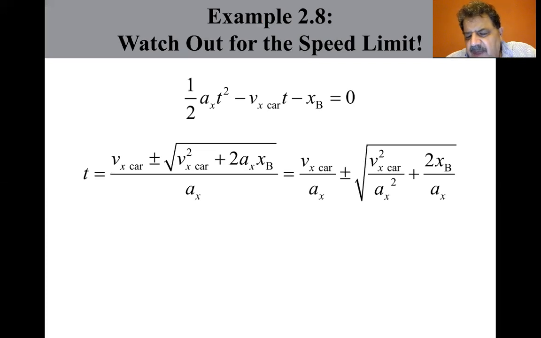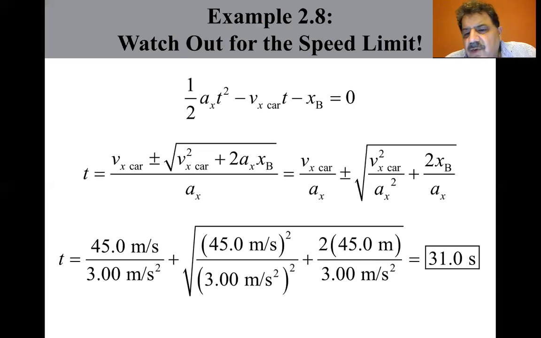Evaluate the solution choosing the positive root because that is the only choice consistent with time greater than 0. The answer is 31 seconds. It takes the trooper 31 seconds to overtake you if you do all the substitution.